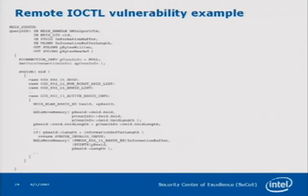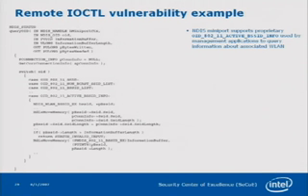The example of such a vulnerability. You can see the code that processes the request for the active BSSID info object identifier. It's a proprietary object identifier. So the NDIS miniport supports this proprietary OID, used by management applications to query information about the associated WLAN.